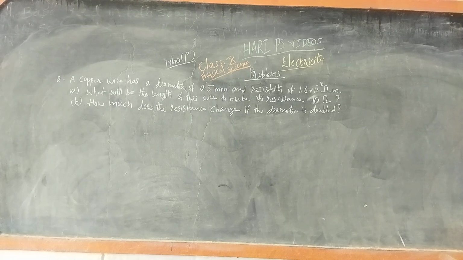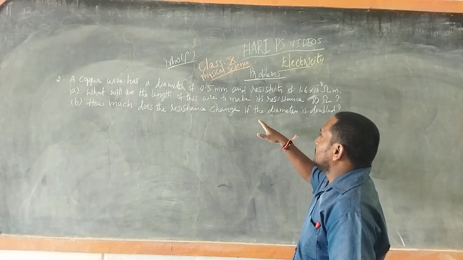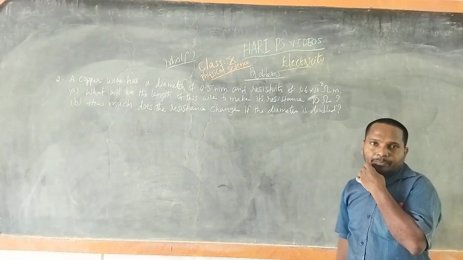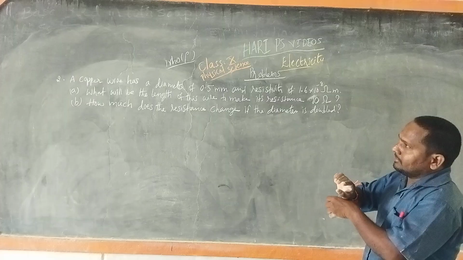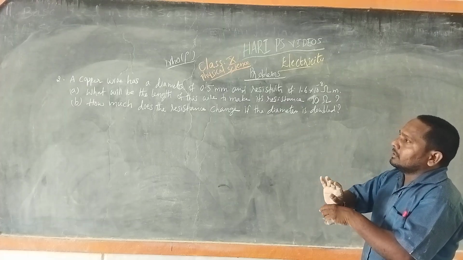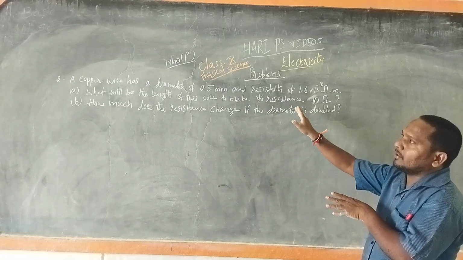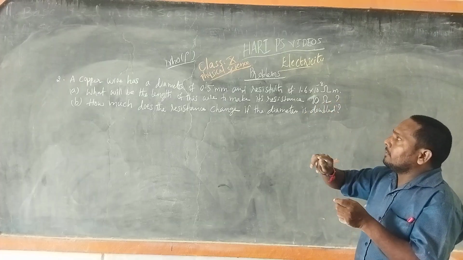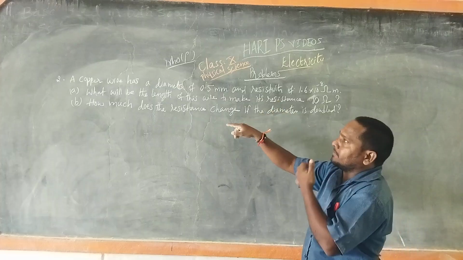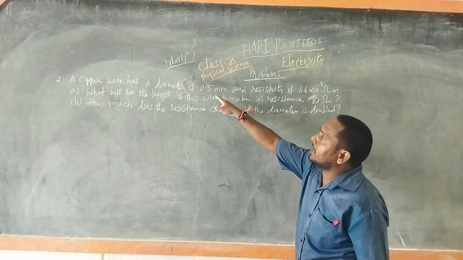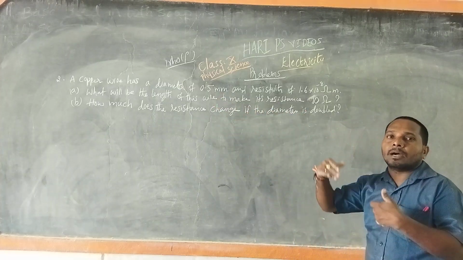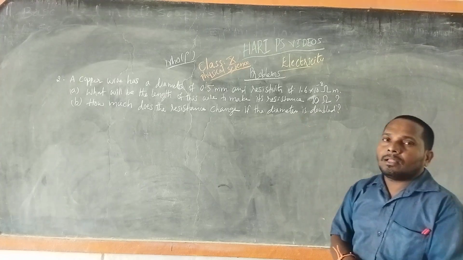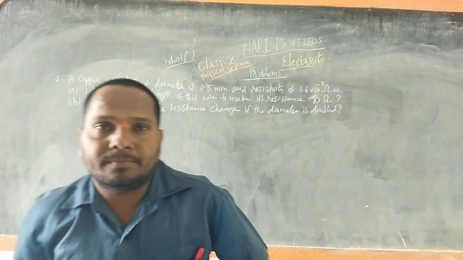So we need to find the length of the wire to make its resistance 10 ohm. And if this diameter of 0.5 mm is doubled, then what about the resistance of the copper wire?